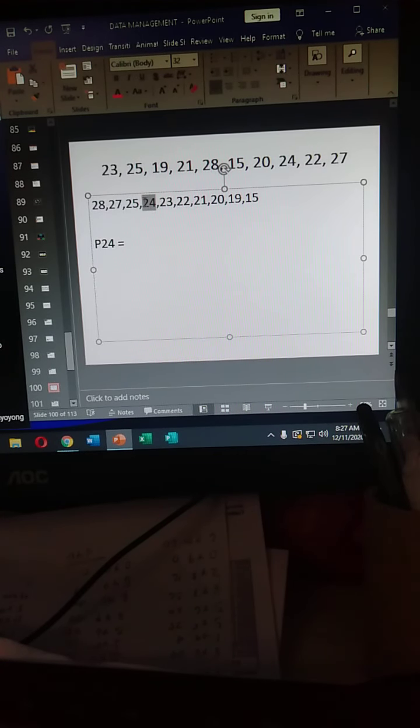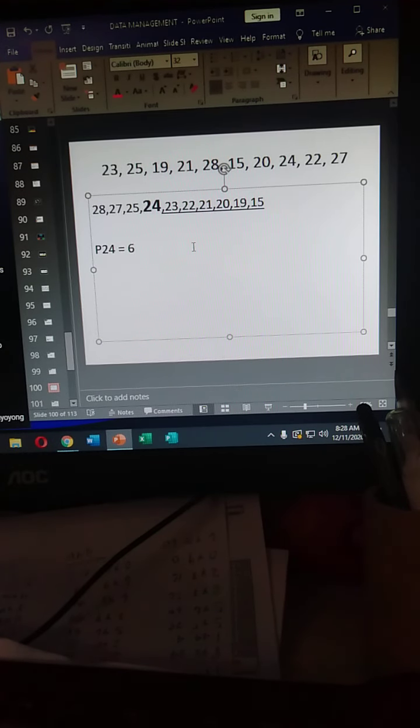So, how many numbers below 24? We have 23, 22, 21, 20, 19, and 15. These are the numbers below 24. So, I will underline. We have 6.